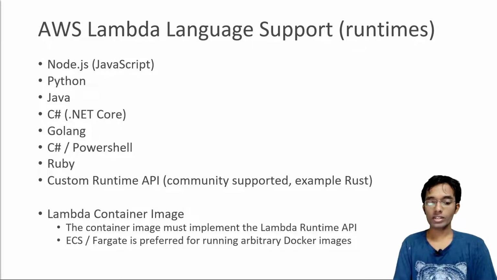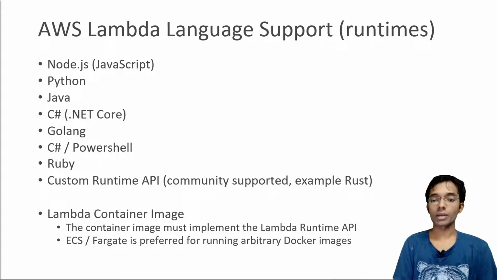AWS Lambda has a lot of language support, or runtimes. We have Node.js for JavaScript, Python, Java, C#, .NET Core, Golang, PowerShell, Ruby, and a custom runtime API which allows you to get, for example, community-supported runtimes such as Rust.